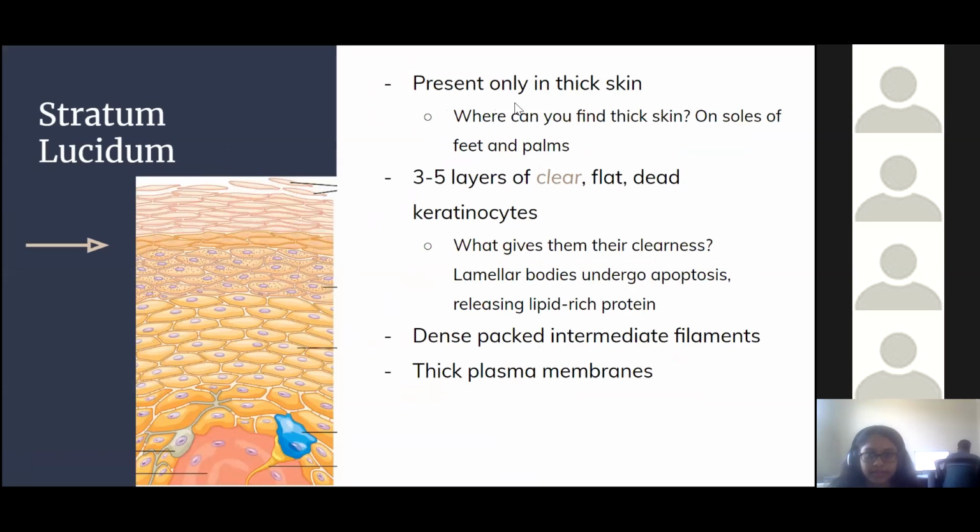So now we're on the lucidum. This layer is only found in thick skin. So thick skin means your palms or your feet. And they actually have a lighter color too, and that's because of the lucidum. One thing that you find a lot in this layer is called eleidin.